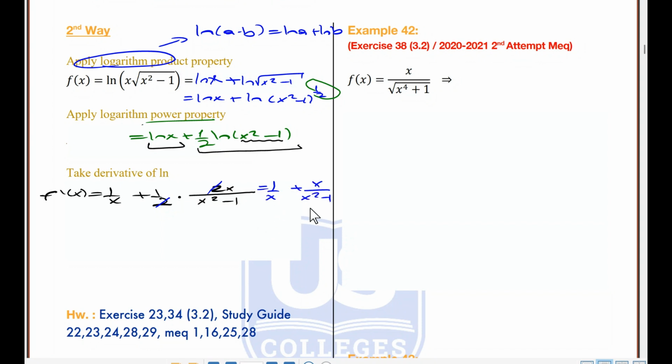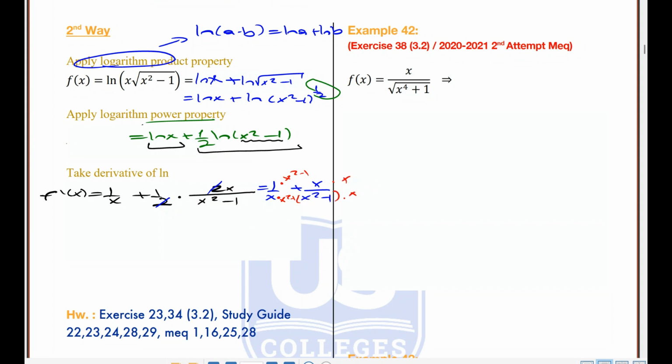Now, I got this as an answer, but I'm afraid I cannot find this in the options. I should rewrite this as a single fraction. I have two fractions added, which have different denominators. Let's get the common denominator first, multiplying the first one by x squared minus 1, the second one by x, multiplying them by each other.